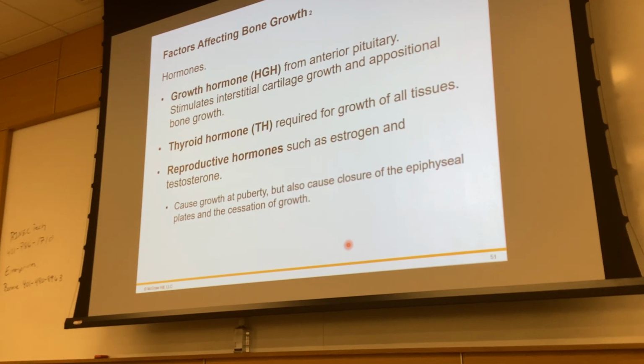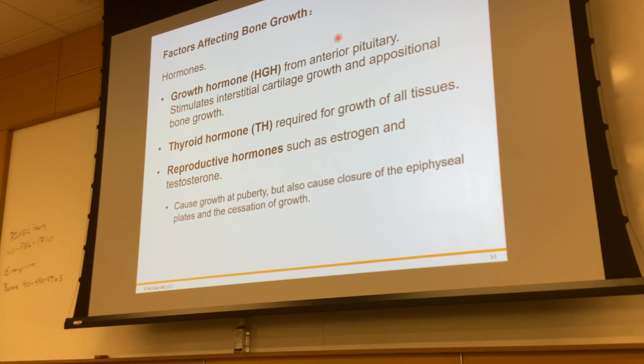Other things affecting bone growth. We've talked about lengthening of bone in the context of human development from birth to early adulthood. So HGH, or human growth hormone, and thyroid hormone, which is formed in the thyroid gland.